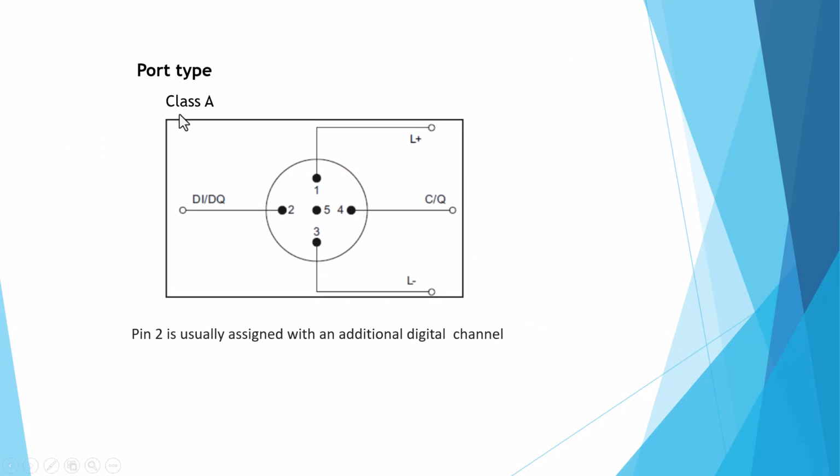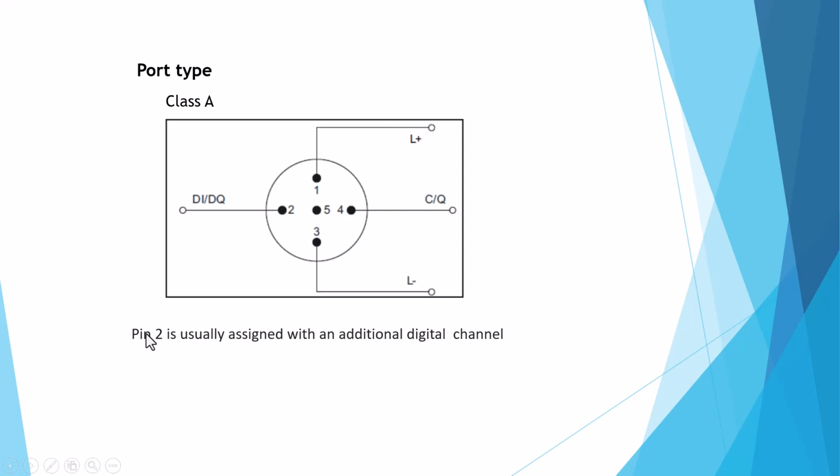A port has class A and class B. Class A uses just 4 pins: pin 1 is positive 24 volts, pin 3 is negative 24 volts, pin 4 is the communication, and pin 2 is digital input or digital output.